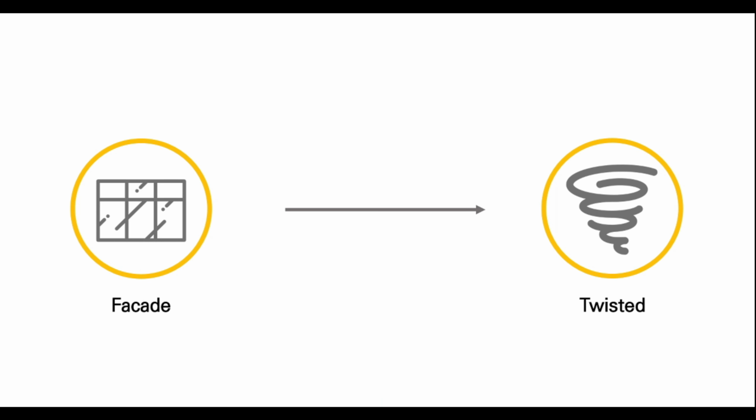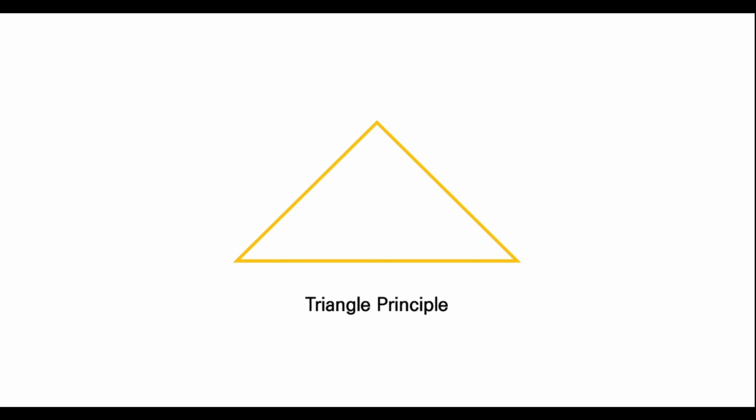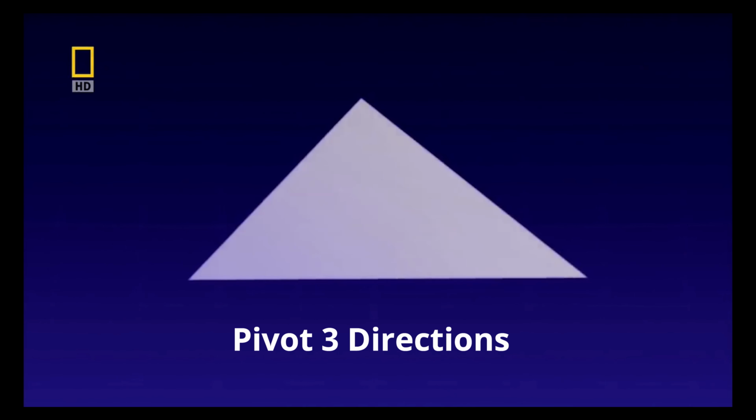To make a twisting facade, they could simply use curved glass itself, but it is very expensive. So they used the triangle's unique principle to make it look twisted. Triangular form glasses can pivot in 3 directions.